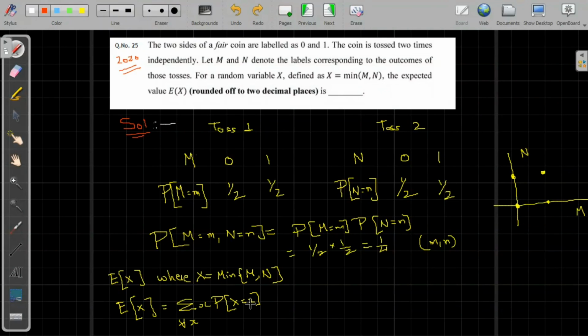So the PMF of x we can calculate here by drawing the boundaries corresponding to the minimum function in this m and n plane. We can see from this diagram that the first non-zero overlapping between the boundary and any of these 4 points will occur when we consider the boundary corresponding to the x is equal to 0 case. So that boundary will be this positive m and n axis. So let me draw that boundary.